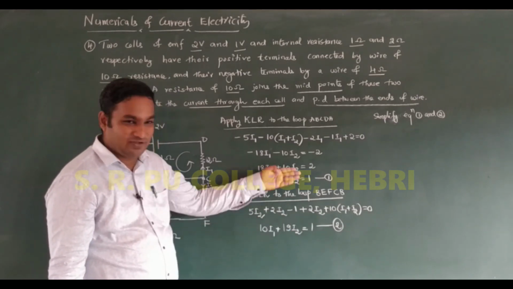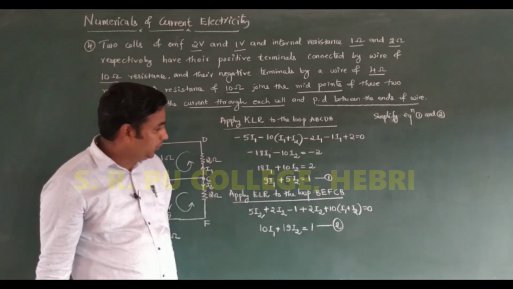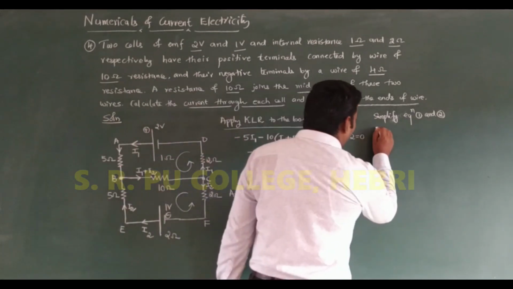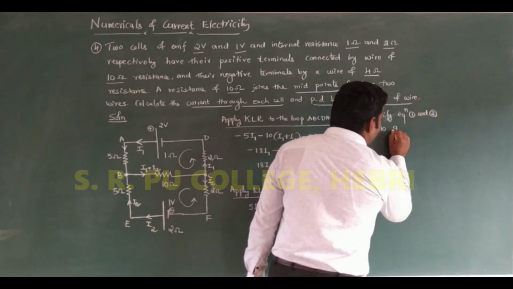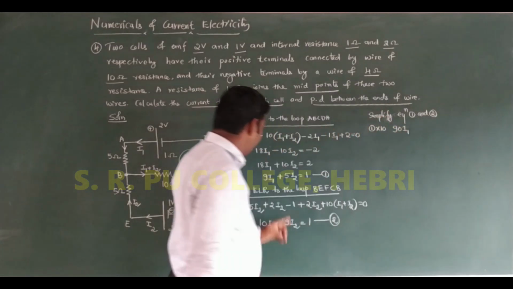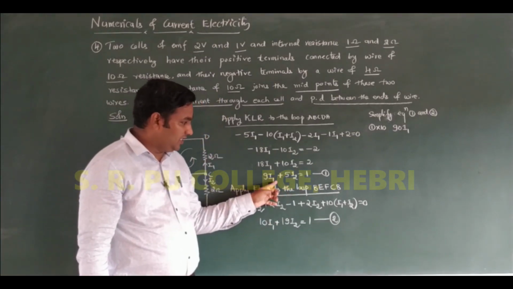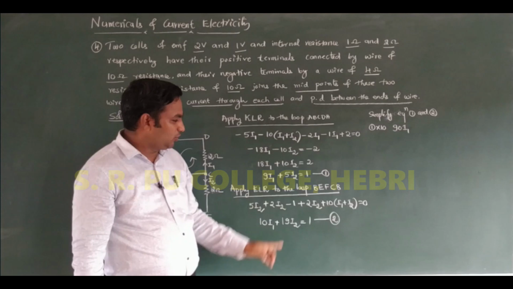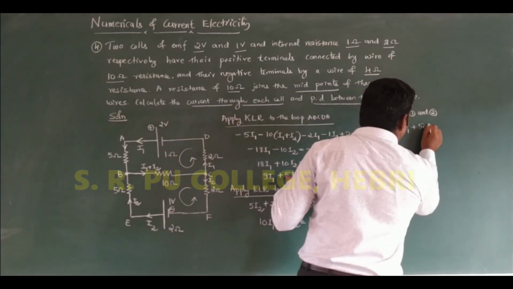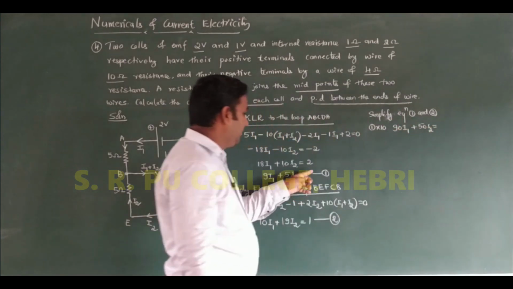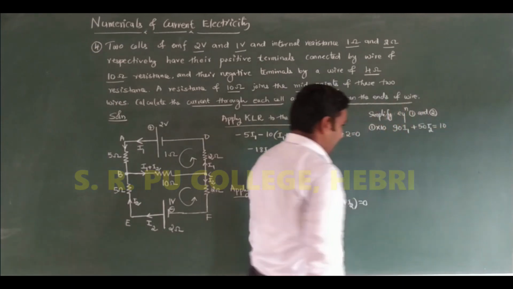We'll get a suitable answer for I2. Once you get the answer for I2, we can easily get the answer for I1. Here, equation 1 into 10, it becomes 90I1 plus 5 into 10, you have to multiply, 50 I2 is equal to 1 multiplied by 10, it becomes 10.